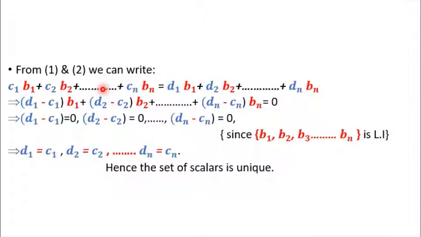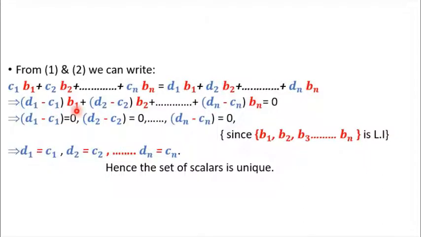Therefore from 1 and 2 these two will be equal. Then get all the terms on one side and simplify. Take b1 common, you will get the coefficient d1 minus c1. Similarly b2 common, d2 minus c2, plus and so on plus bn common, dn minus cn, is equal to 0.